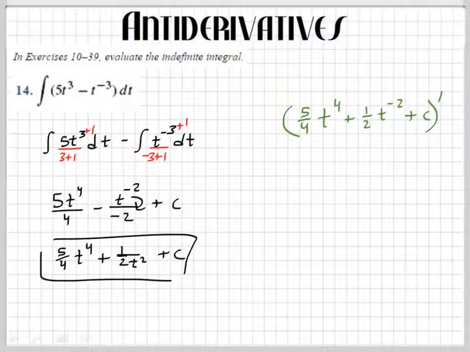Taking the derivative now. All right, so 4 times 5 over 4 will give us 5 t to the third plus negative 2 times 1/2. That's going to be negative 1. So actually we don't want a plus there, we want a minus t to the negative 3. The derivative of a constant is 0, so it's gone. And we could see we got right back where we started from, so it works.